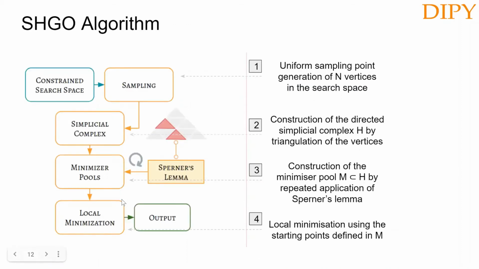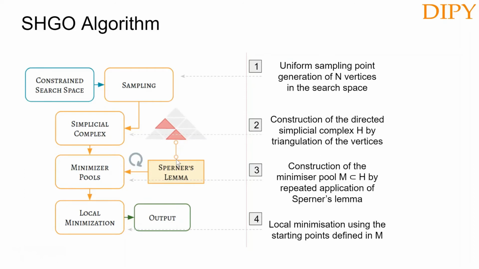So this is how the SHGO algorithm works. Given your search space, that is your objective function, it samples points on that objective function, and then it creates a mesh of these n vertices, you can think of it as a graph. That is in topology referred to as a simplicial complex. Then it performs a Sperner's lemma cluster.